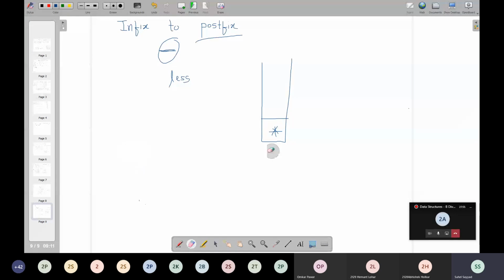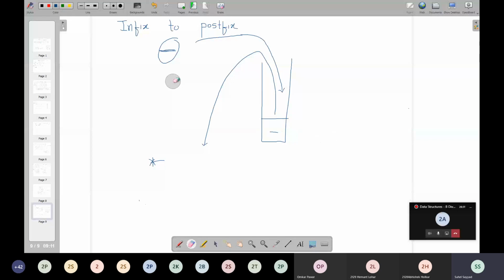What is our statement? The symbol that you have scanned is having less precedence as compared to the symbol present on top of stack. So in that case, what we will be doing? Pop the symbol present on top of stack. So this will come in your output string, and this will go from your stack. And place the symbol that you have scanned onto the top of stack. So minus will be placed now on top of stack.